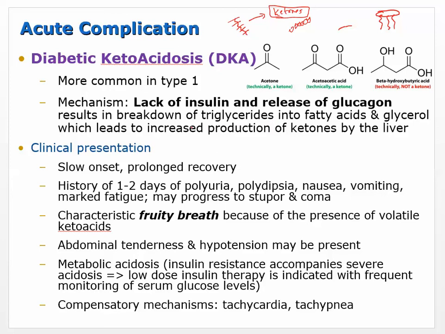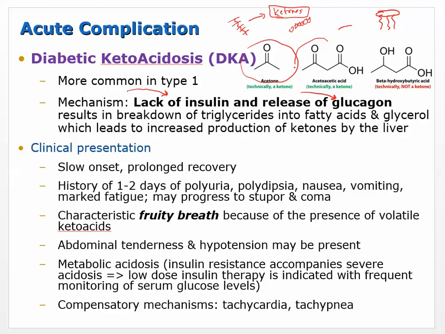However, with something called diabetic ketoacidosis, the person may lack insulin but still have a high release of glucagon. Okay? And so that's really the trigger, is the glucagon is signaling the breakdown of these fats, and so it's producing these ketones.